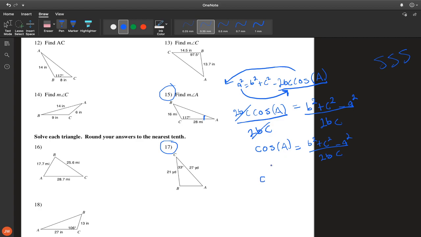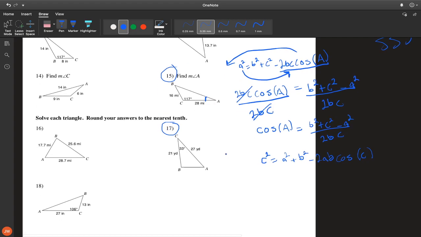Before I use this, I have to find c. So c squared is going to be equal to a squared plus b squared minus 2ab cos C. Now plug in my numbers. c squared equals a, which is 16 squared, plus b, which is 28 squared, minus 2 times 16 times 28, and the cosine of angle C, which is 117 degrees.